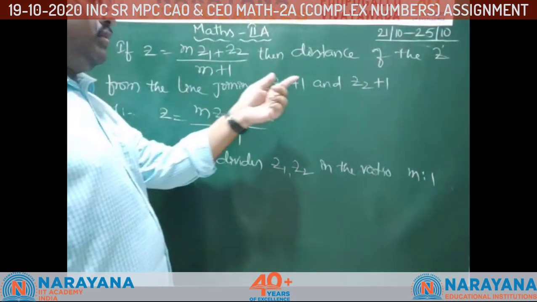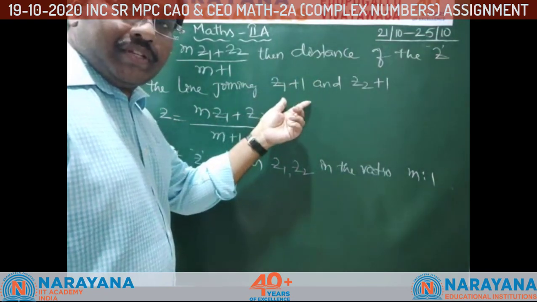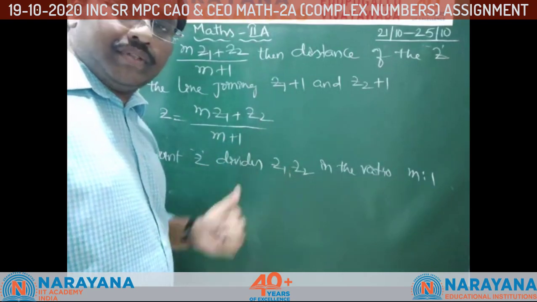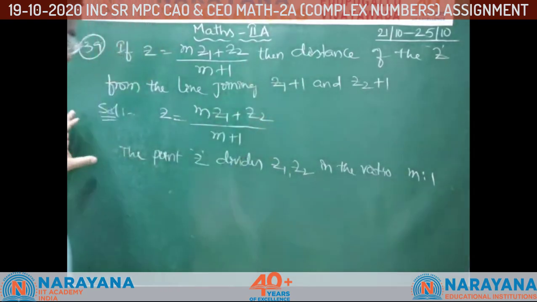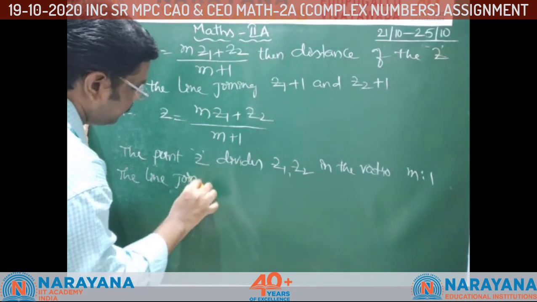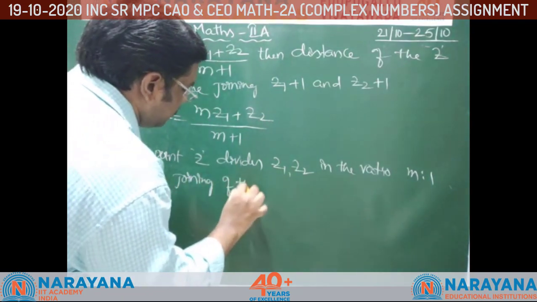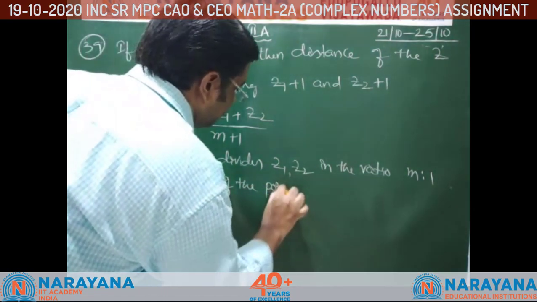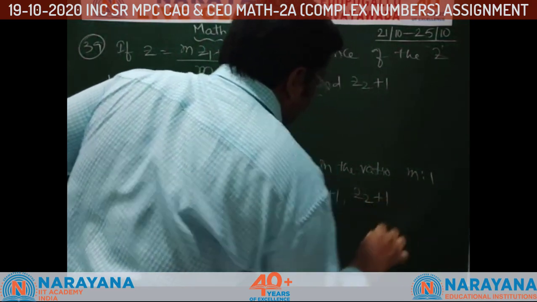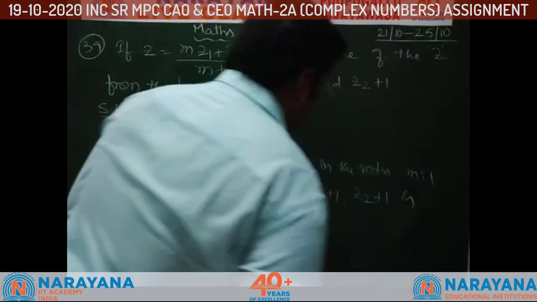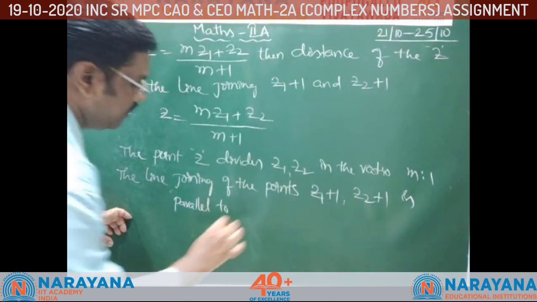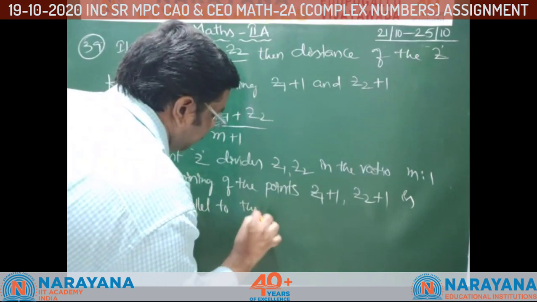Now, the line joining the points z1 plus 1 and z2 plus 1 is parallel to the line joining z1, z2, isn't it?